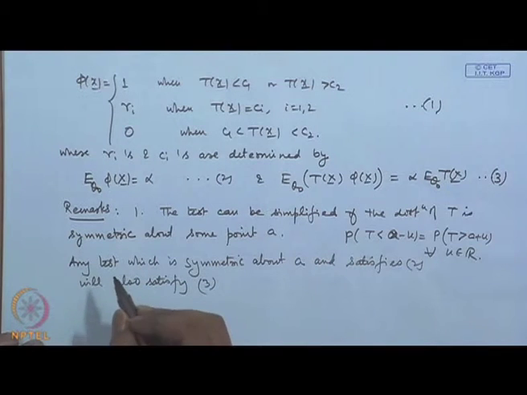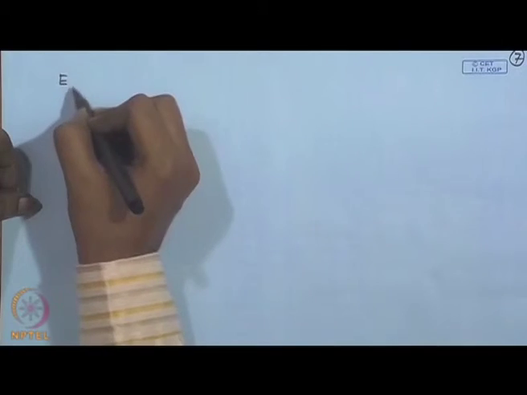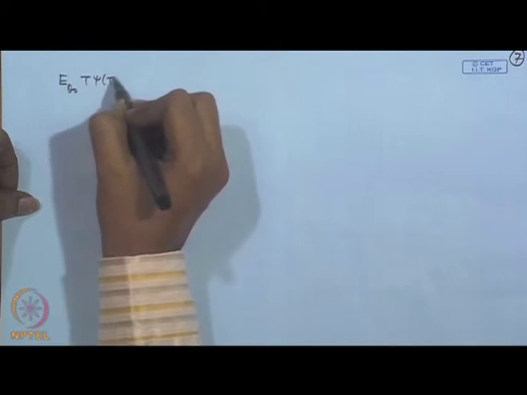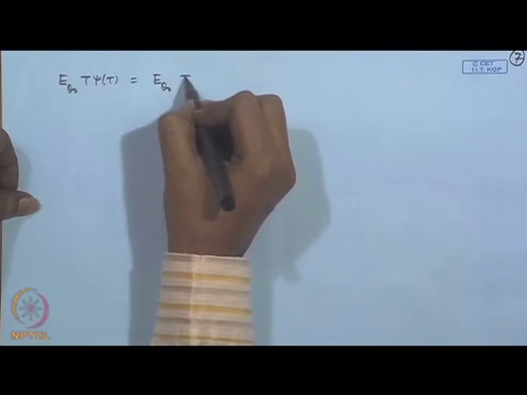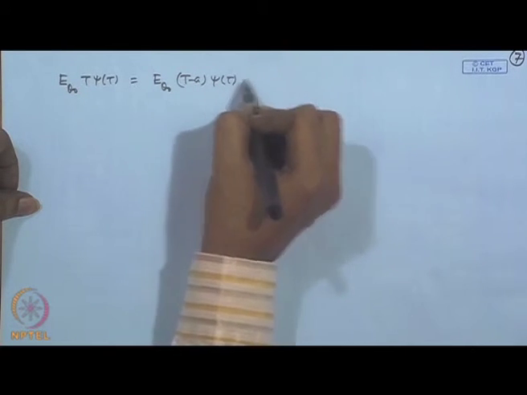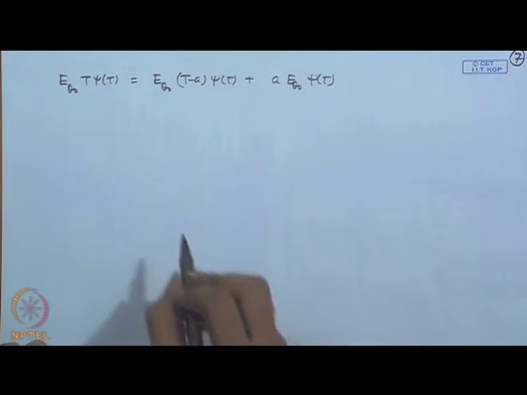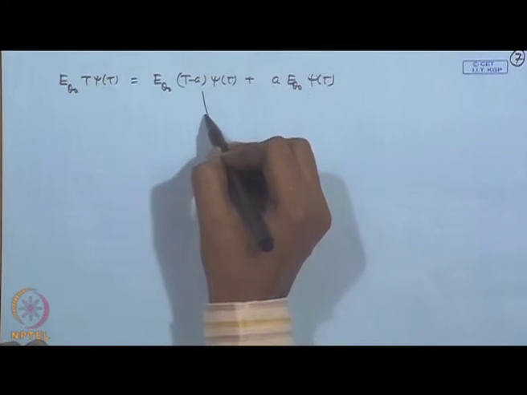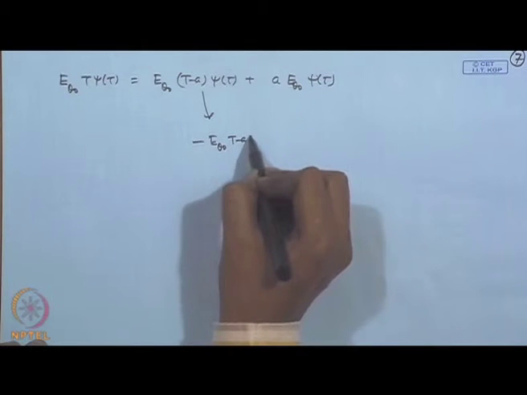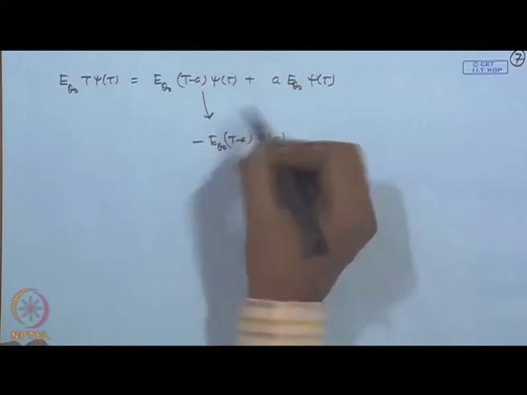So, let me just give it here. For example, you may consider here... we can actually show that this value is equal to minus expectation theta naught T minus A psi T. That means, this is actually equal to 0.